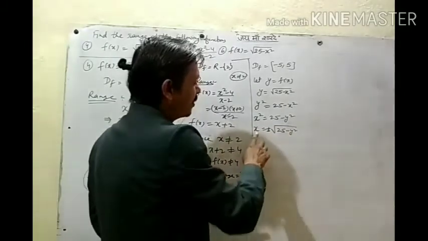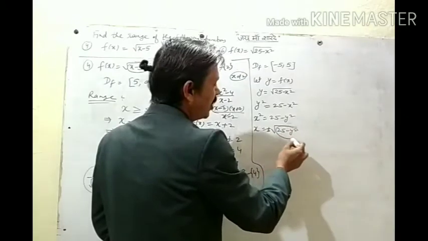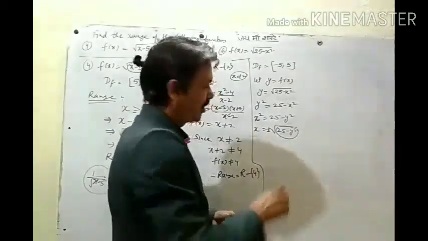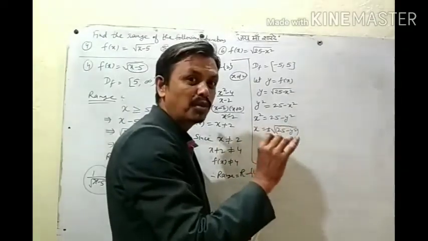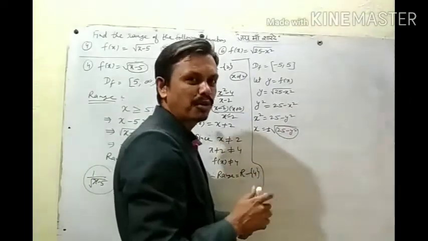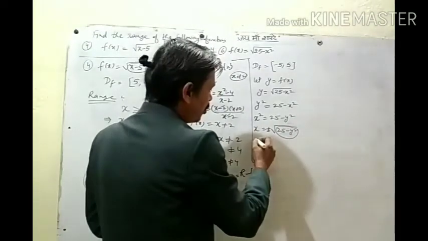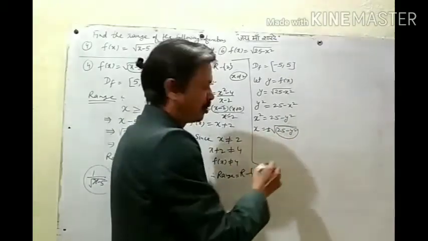Now x can be real only when it is defined, and x can take real values only when this 25 minus y square is more than 0. It is under a root, so it can be 0 also. So for x to be real, it should be more than or equal to 0.